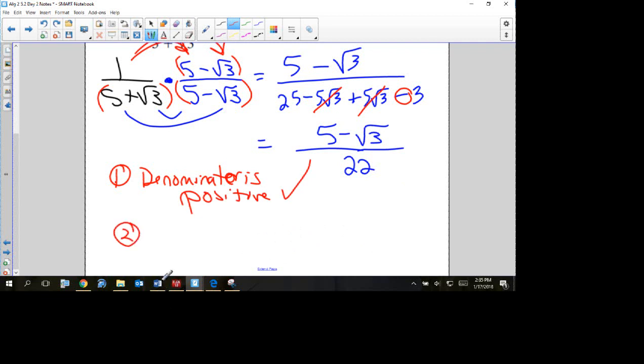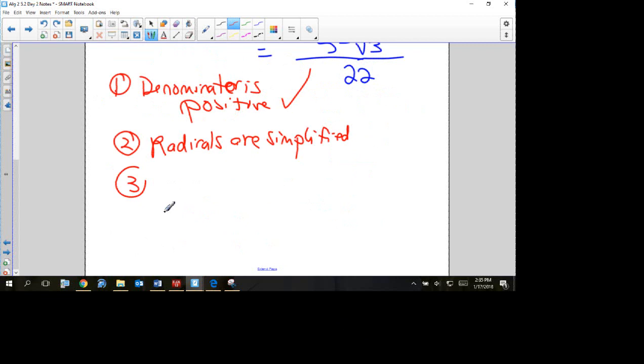Second, any square roots that are still there, radicals, have to be simplified. So square root of 3 is as far as it'll go. And the third thing is factor out a number from the top and cancel it with the bottom. Remember doing that? We're going to factor something out.